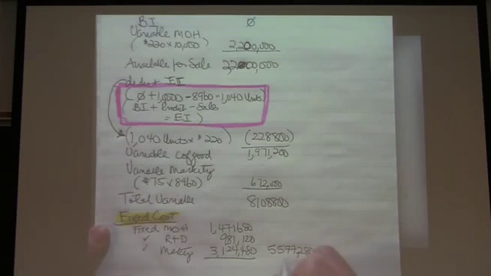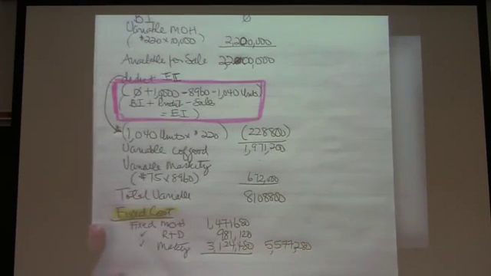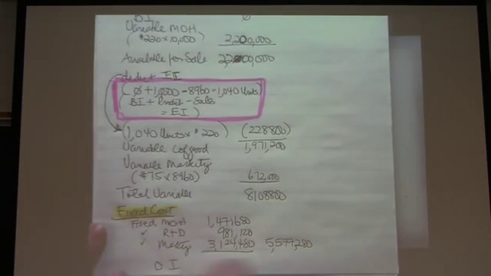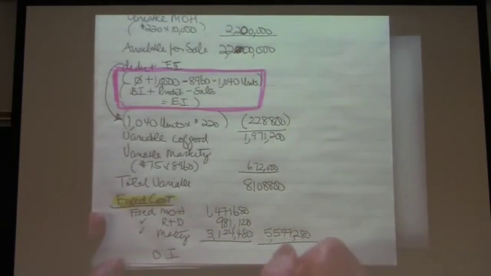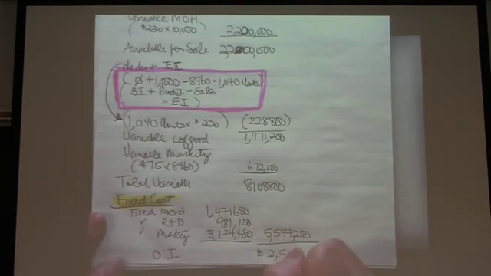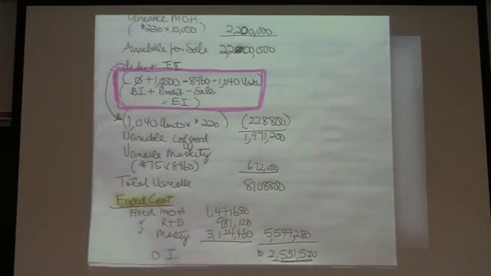The total is 5,577,280. So our operating income is $2,531,520. Okay? So that is variable costing.